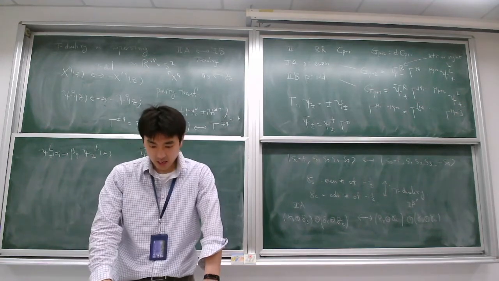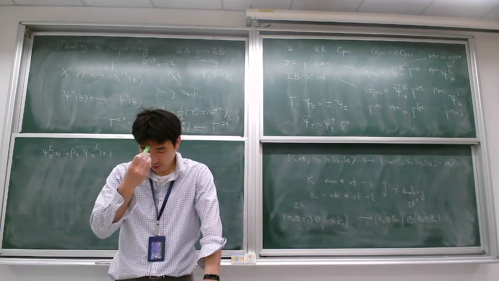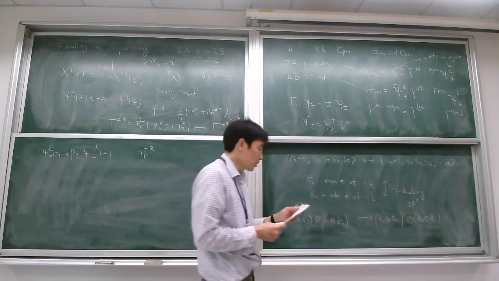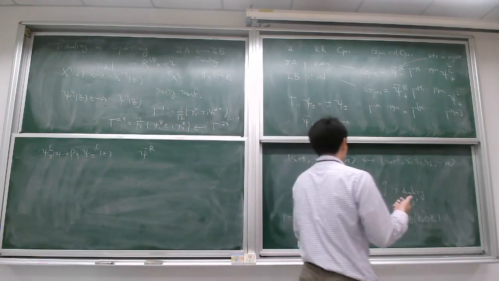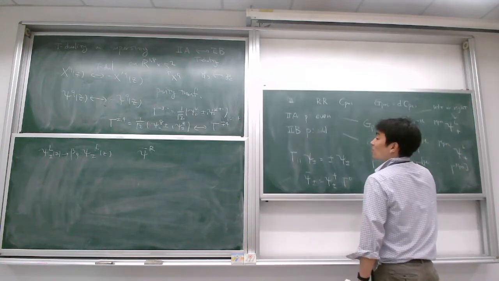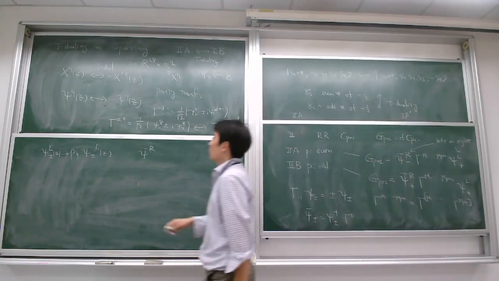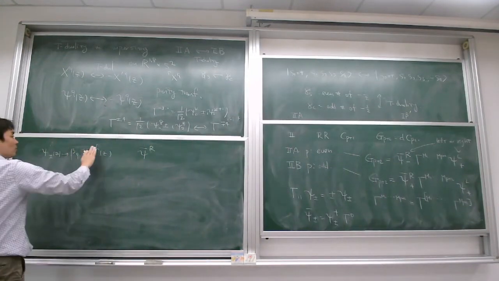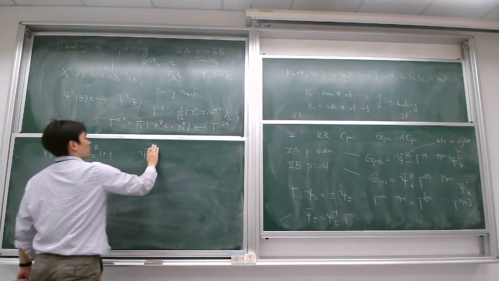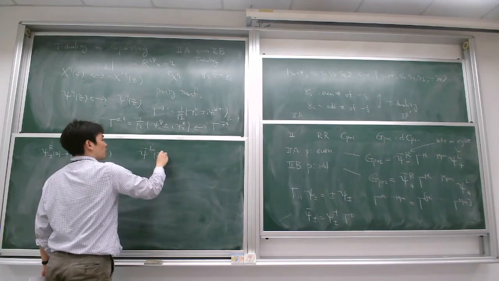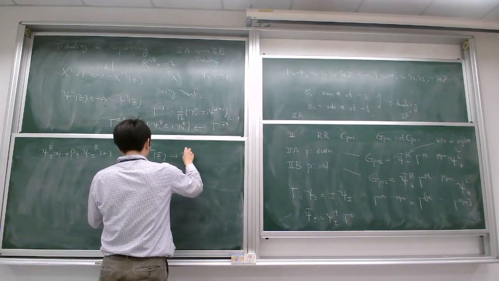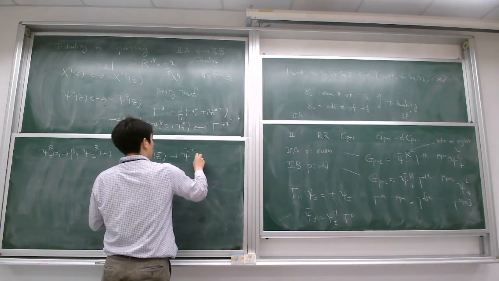But I don't remember which one I call right moving. Right moving is holomorphic and left moving is anti-holomorphic. So I think this one is correct, but that one is wrong. Right moving is this one, and left moving is this one. Anti-holomorphic stays the same.